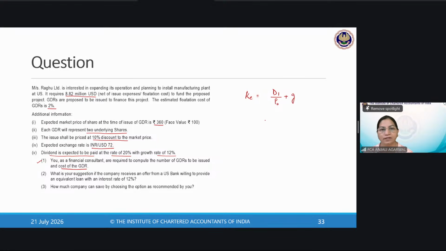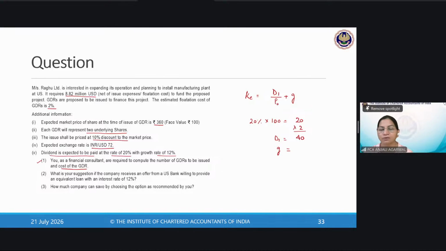So the dividend is 20%. 20% will be applied on the face value of 100. So dividend per share would be 20, but as there are two shares underlying the GDR, the dividend will become 40. E1 is equal to 40.